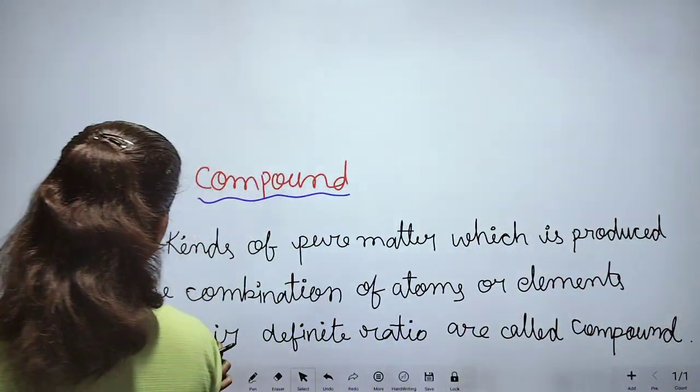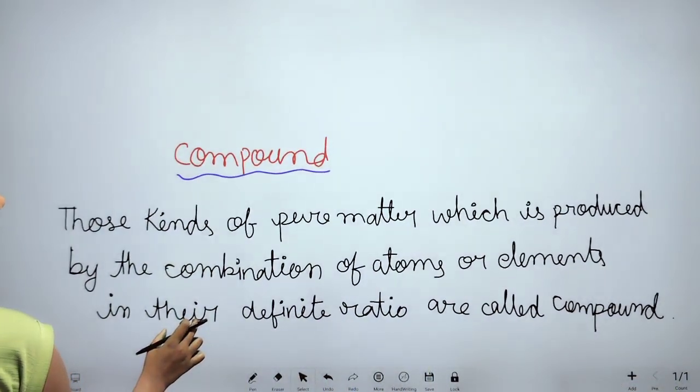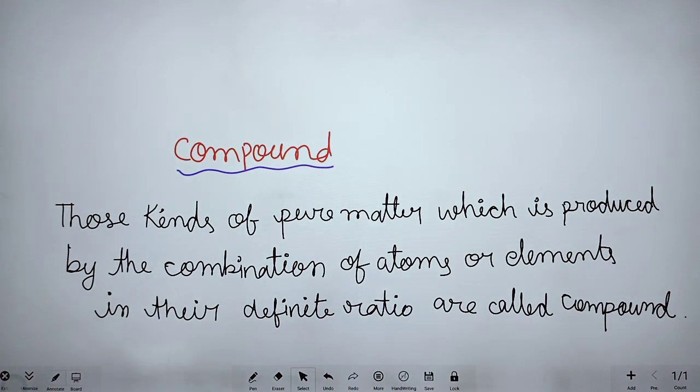What is a compound? Those kinds of pure matter which are produced by the combination of atoms and elements in their definite ratio are called compounds.